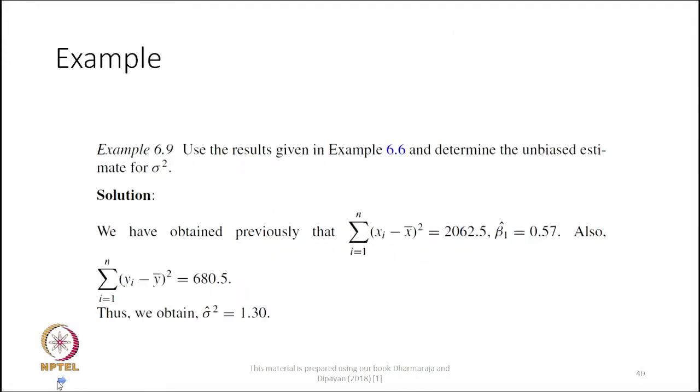Yes, so we are finding the estimator for sigma square. Already we have the data. From the data you can compute the summation of i equal to 1 to n, x i minus x bar whole square.